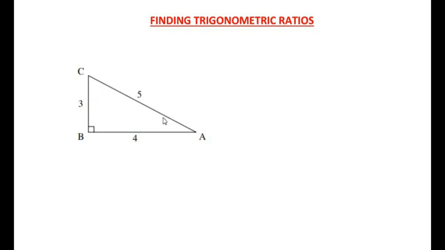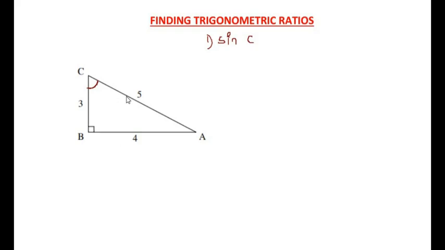Now here you can see they have not given us which angle to consider. So I will show you for both the angles how to do it. Let us consider angle C as angle of concern. So first one we will start with sine C. Before we proceed, we have to write which is the hypotenuse, which is the adjacent, and which is the opposite.